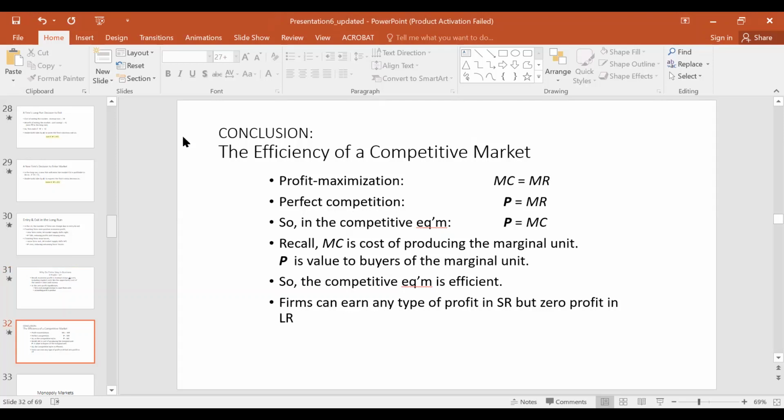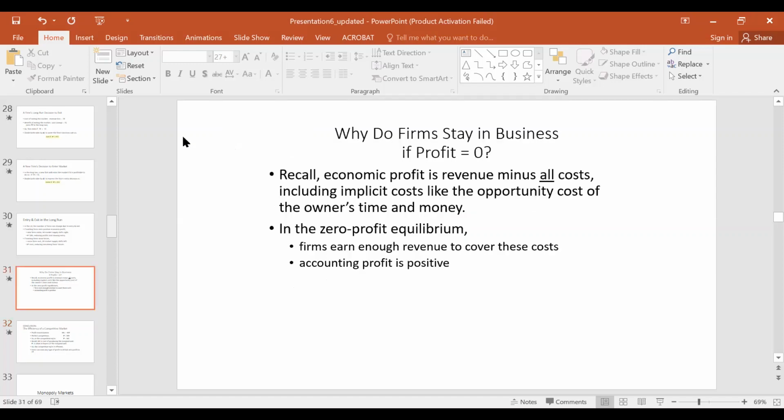Remember the lockdown during COVID, some private school teachers were paying their teachers so that they don't lose them to other schools. So even when you are not producing, or when profit is zero, you still keep your workers to keep the machines from idling and rusting away. You may still produce even when profit is zero.